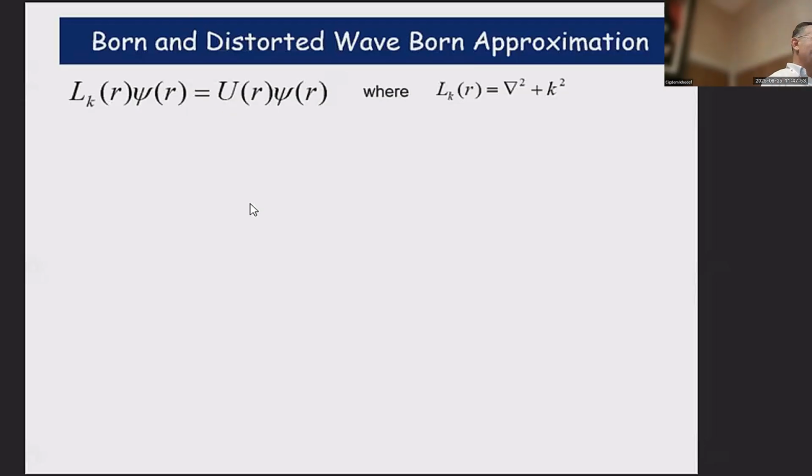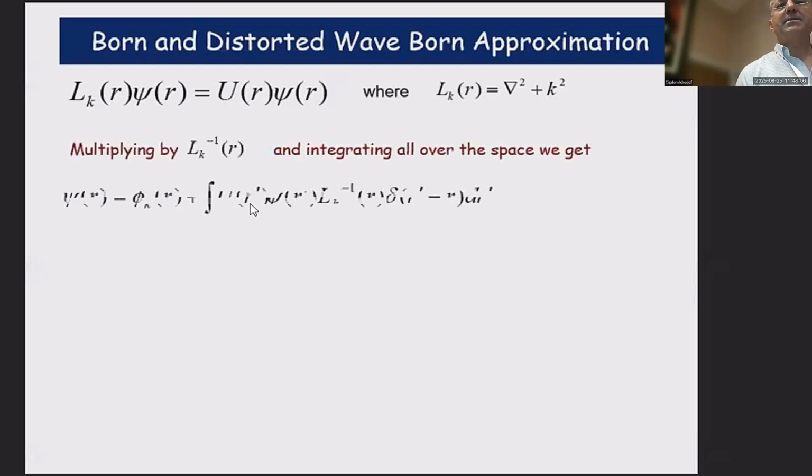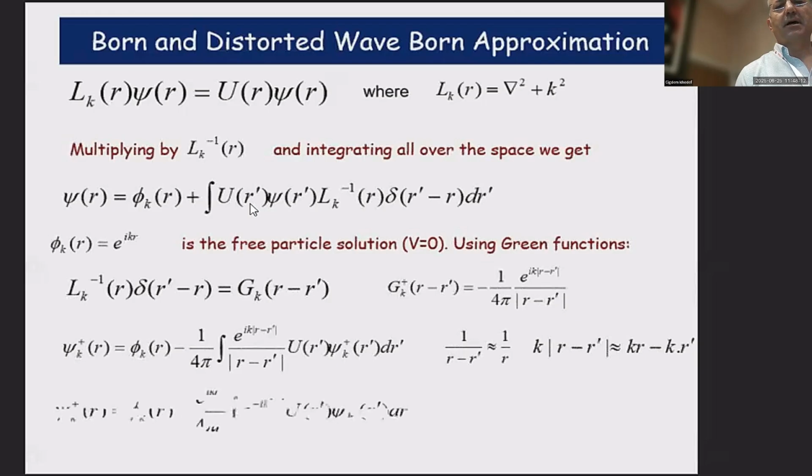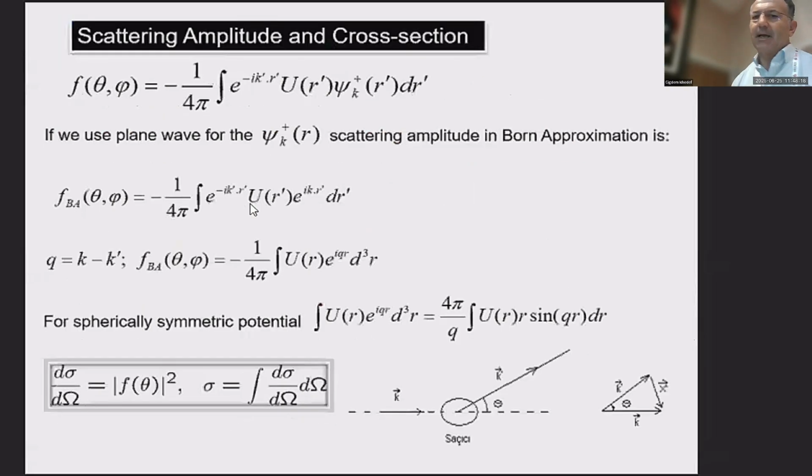We showed you the simple Schrödinger approach, but there are integral equations. If we call this Hamiltonian L, then we obtain what is called the Born approximation. It is like a Green's function. What this says is very simple, actually.